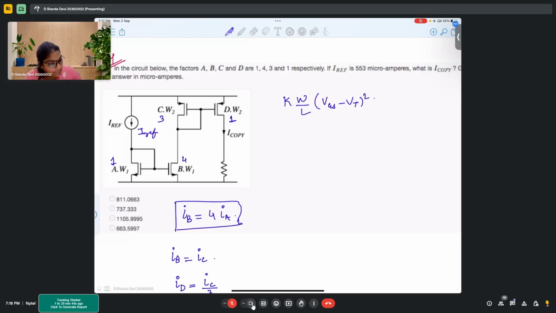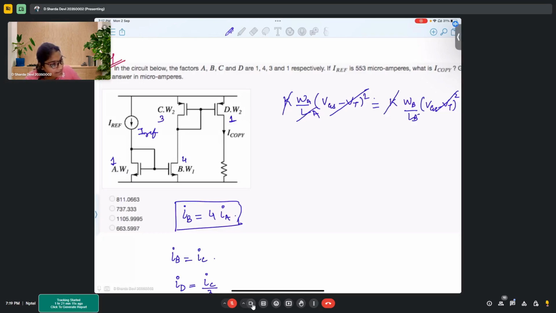So first of all, K is constant for N transistors and K is the same for the P transistors. Now this is W1 by L1 equal to K, and WB by LB, VGS minus VT whole square. Now here we know these two are equal.